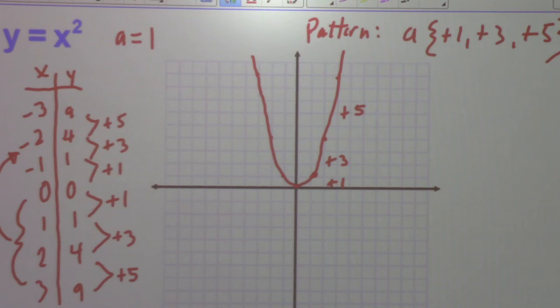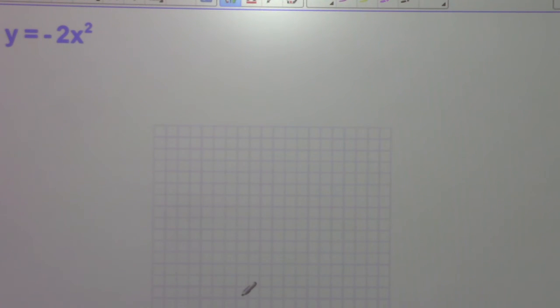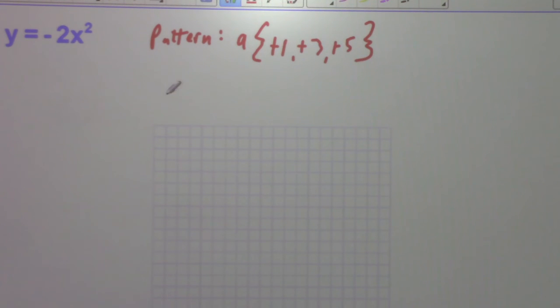So let's go to this next one here, where we have y equals -2x squared. Remember what our pattern is for this? Our pattern is A times +1, +3, +5. So what is A in this case? -2.